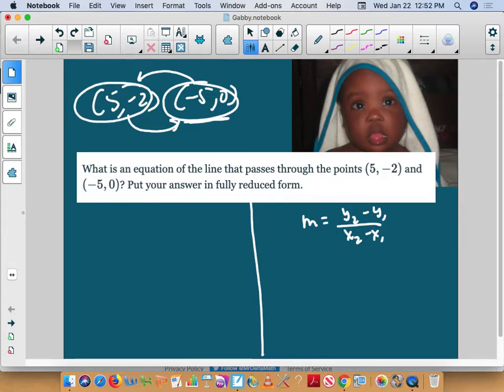So Maria's going to subtract her y's, 0 minus negative 2. By the way, what Maria would be finding there is her rise. When you subtract your y's, you're finding your rise. When you subtract your x's, what are you finding? Your run. So this is y minus y, and I've got to go back to what she chose, x minus x.